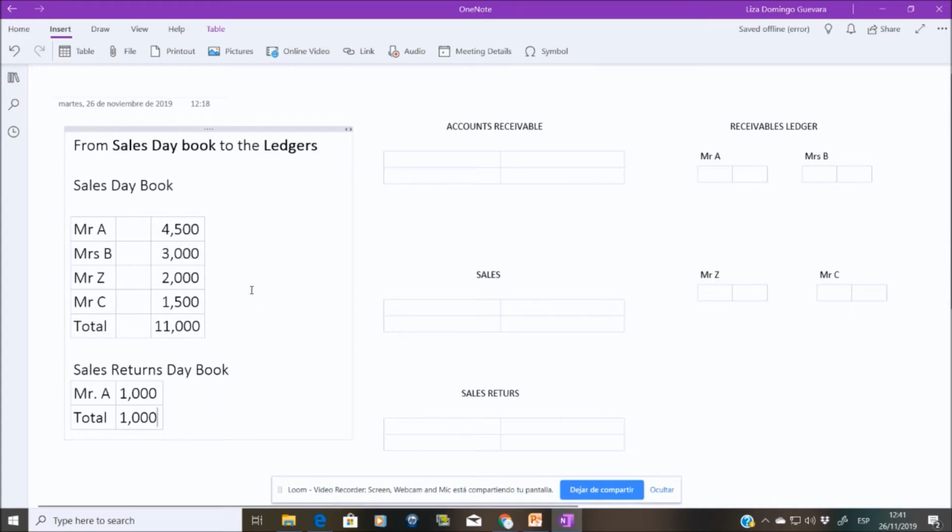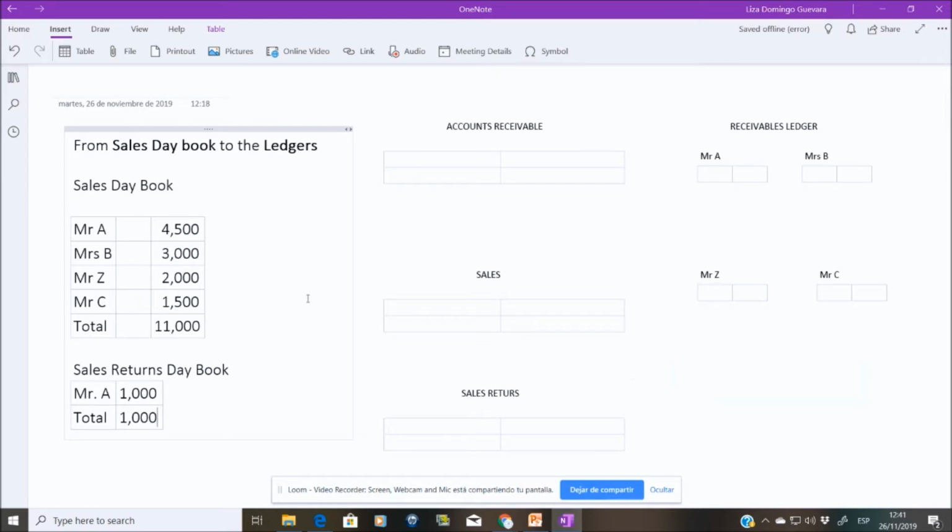So how do we transfer all our accounts from the sales day book and sales returns day book to our ledgers? Just remember that if we have a sale on account, the journal entry is debit accounts receivable and credit sales.